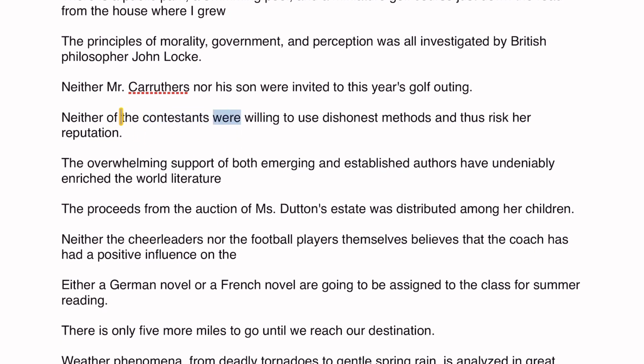Neither of the contestants was willing to use dishonest methods and risk her reputation.